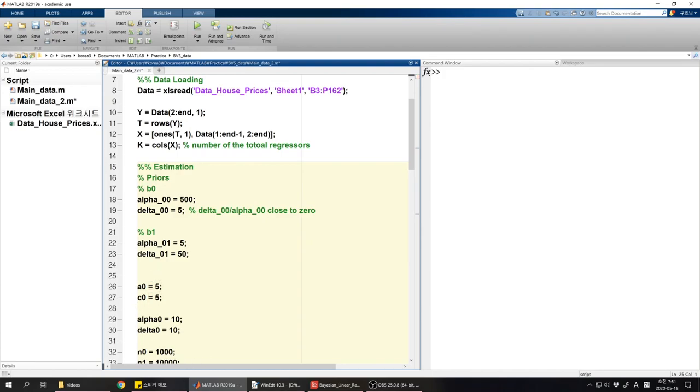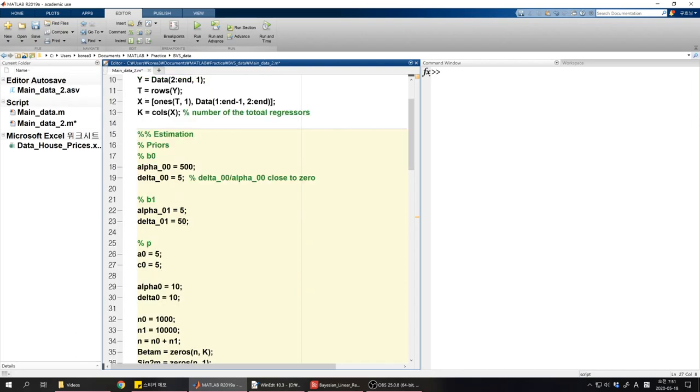So this is the prior for P. Then the prior mean of P is just 1/2. Of course, this is the prior for sigma square.